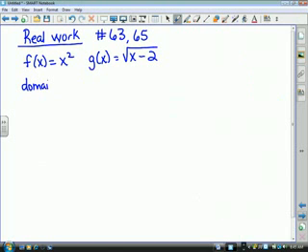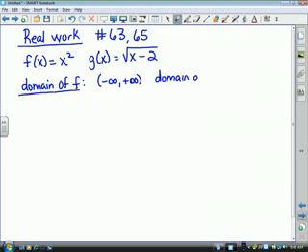They're going to say, okay, what is the domain of f? Easy enough. What's the domain of that x squared? All real numbers, polynomial function. And they're going to say, okay, what's the domain of g?